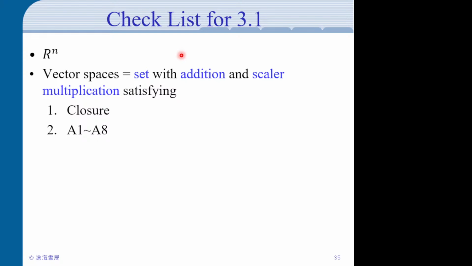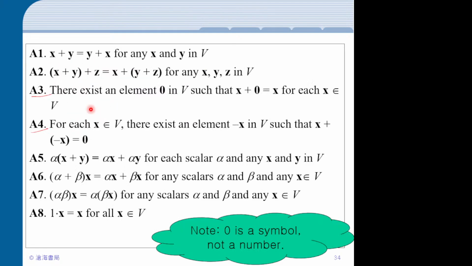Also for scalar multiplication, a scalar times a vector in your vector space should give back something in your vector space, as closure. And we have A1 to A8, which is, well, it's linear because we talk about linear space. But let's go through them once again.